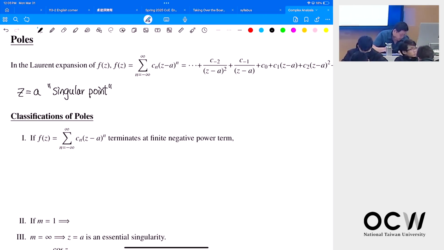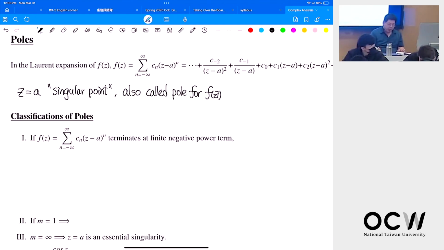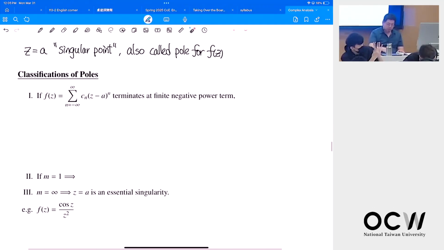And we also call that the pole for the function of z. And then we have the classification of poles. Here I just tell you the names of those poles. Okay.